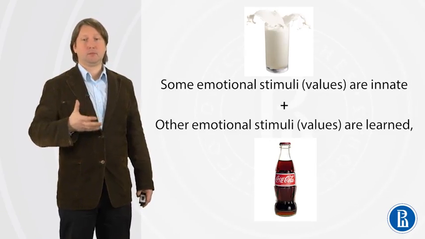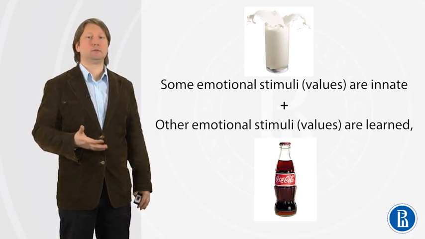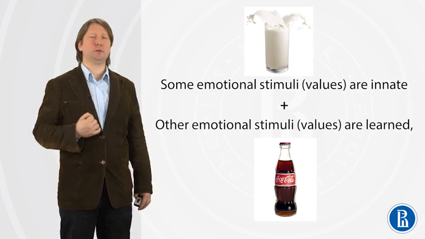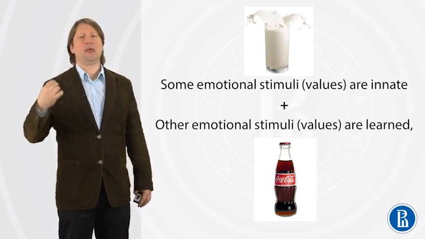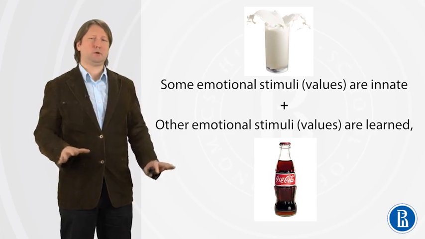Sometimes emotional stimuli automatically trigger emotions and trigger our actions. Sometimes we have to learn that certain objects have values. So it looks like in the brain we have two parallel processes.